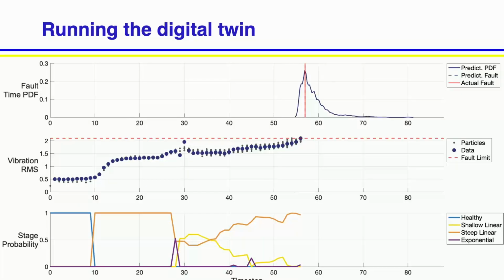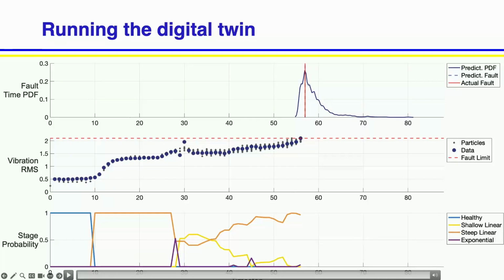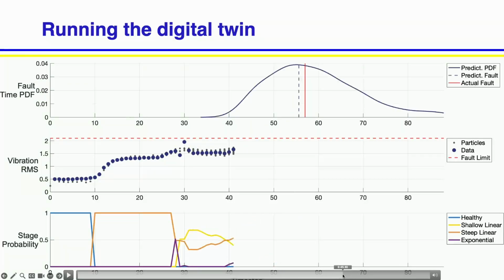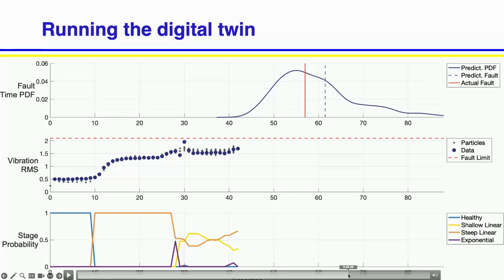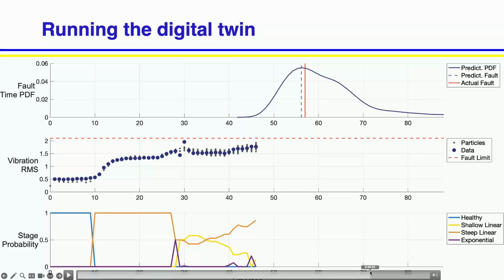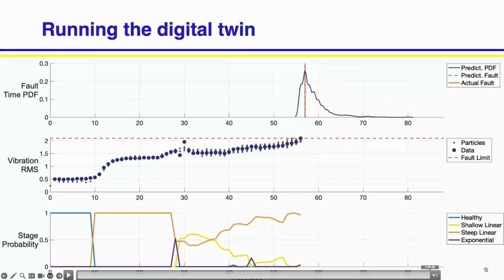The top plot shows the probability distribution of what the failure time will be, and at the end, it's not too far off. If you back up a little bit, you can see that it's not perfectly accurate, but once it sees that it's going to fail, you have pretty good confidence that you have a little bit of notice that this is going to fail, if you want to take some action.